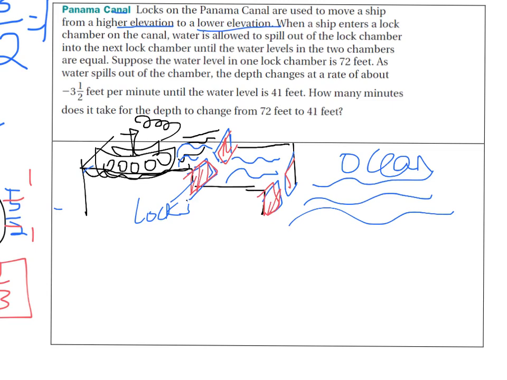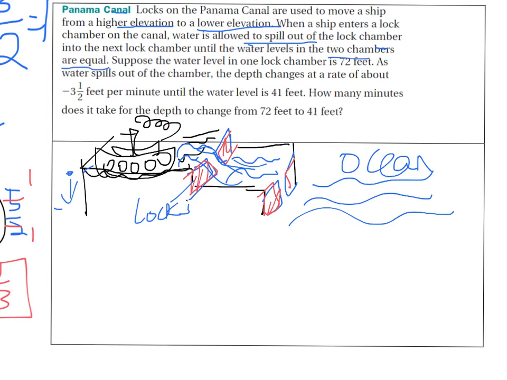Okay, so we're moving from a high level to a lower level. Okay, and when a ship enters a lock chamber on the canal, water is allowed to spill out the lock chamber. So the water here, all right, spills out. Okay, until the water levels in the two chambers are equal.